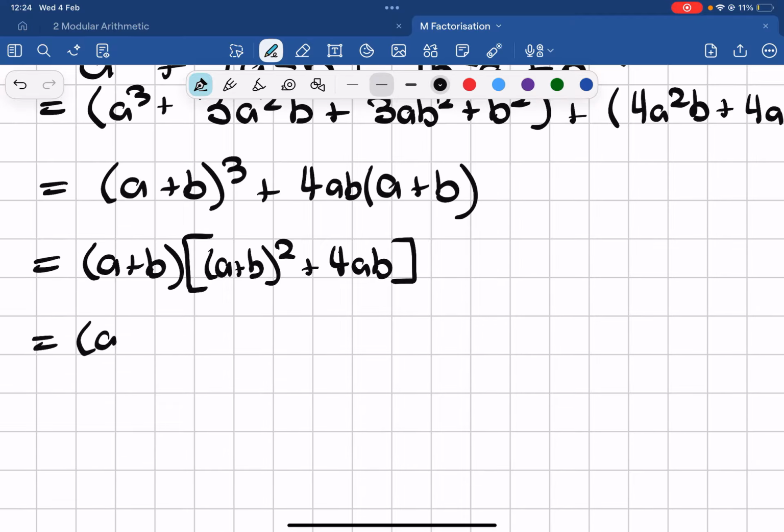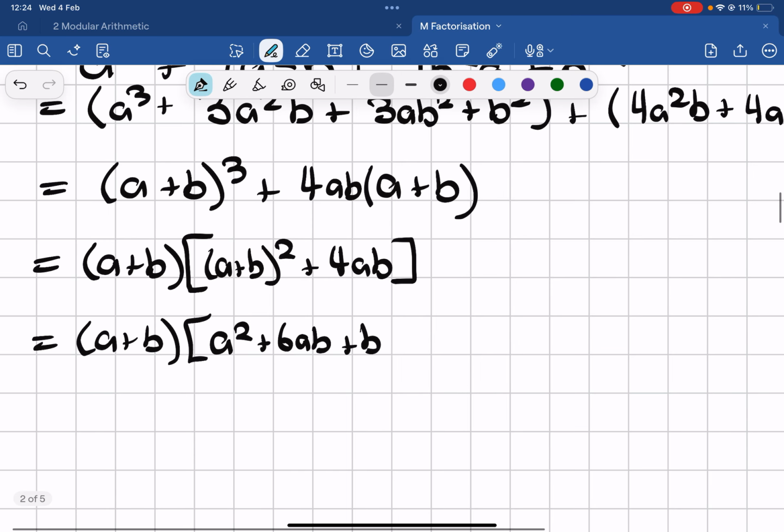Let's evaluate the square brackets. We've got (a plus b) squared, which is a squared plus 2ab plus b squared, plus 4ab gives our middle term 6ab.